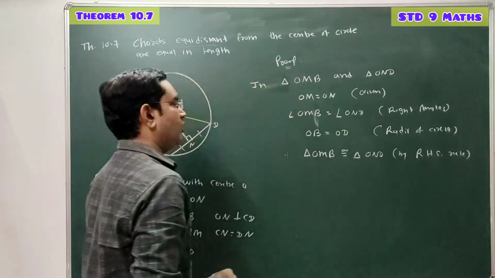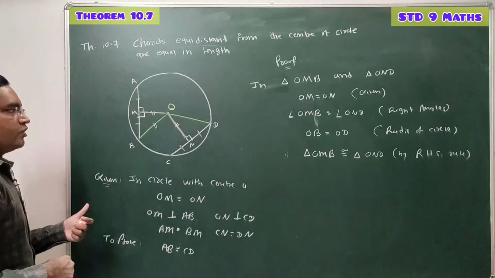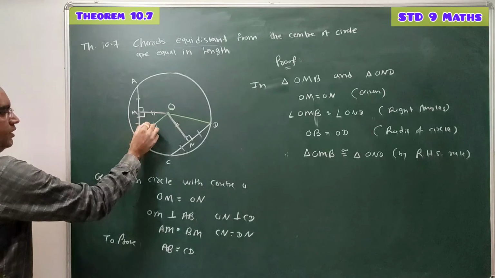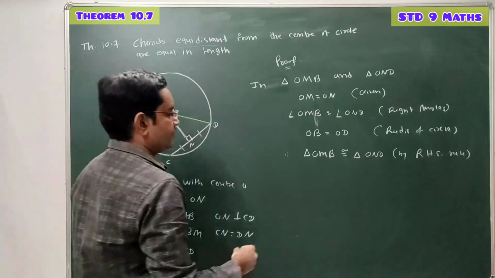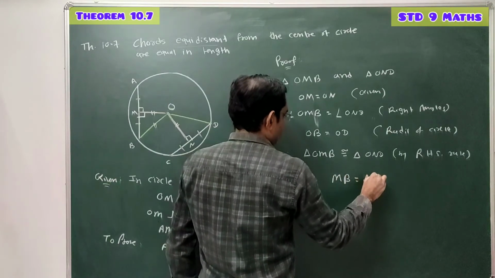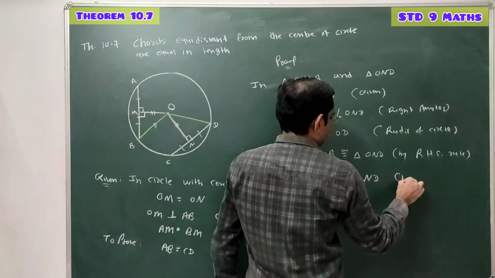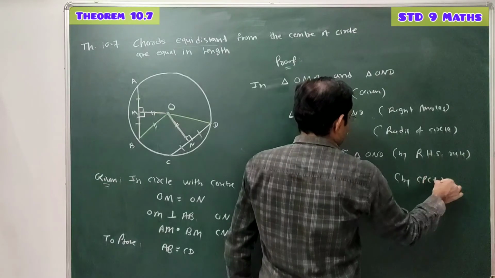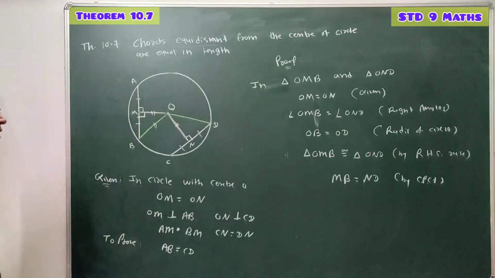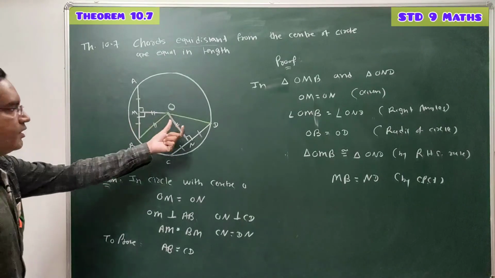These two triangles are congruent, and that's why their corresponding parts are equal. So the length of side MB equals ND by CPCT, corresponding parts of congruent triangles are equal.